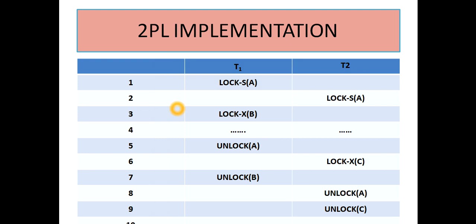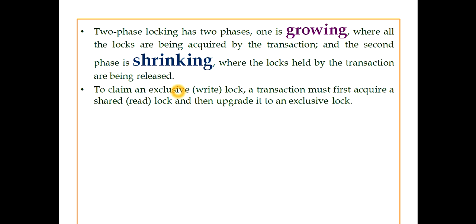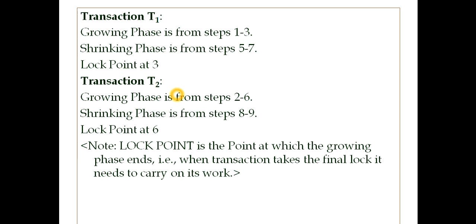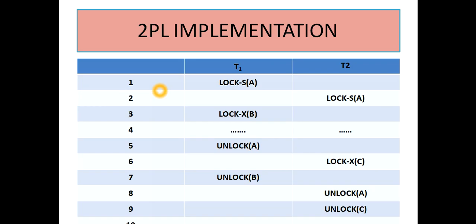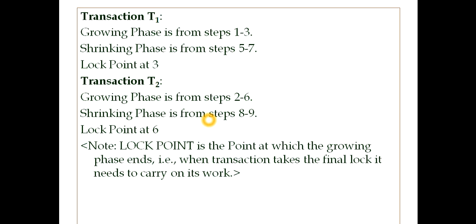Then the shrinking phase is where the locks are being released gradually. For T1, the shrinking phase starts from 5 and completes at 7. So 5 to 7 is our shrinking phase for transaction T1. Then the lock point is at 3. The lock point is the point at which the growing phase ends.